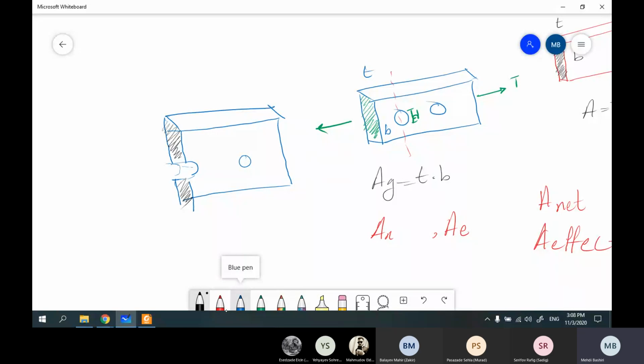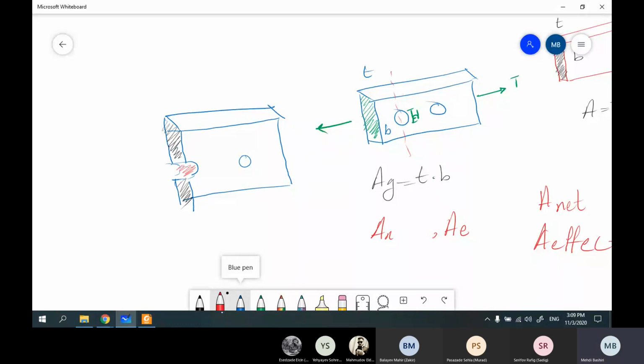Why should we remove or substitute this part? Because this part, let me mark it with red, this red part has no contribution in tension, because we have a gap here.